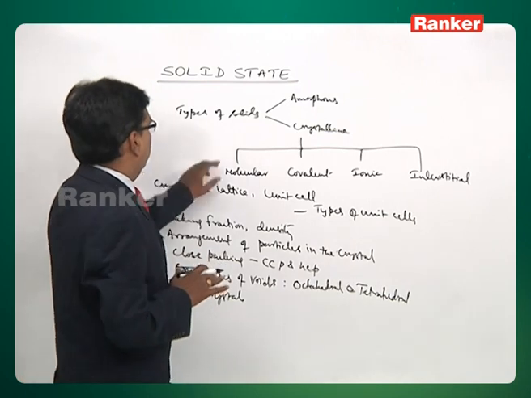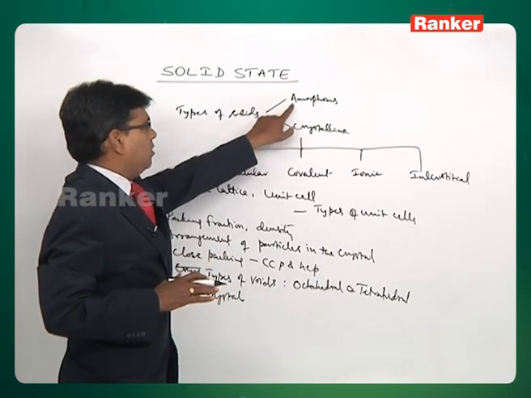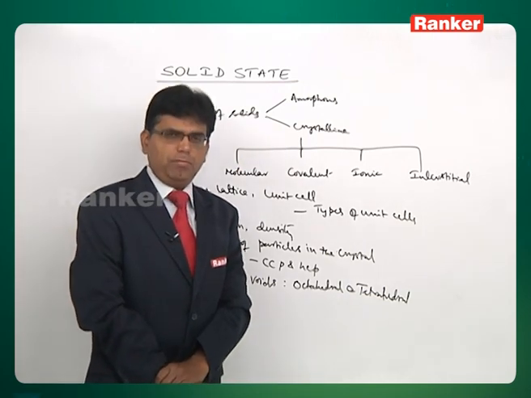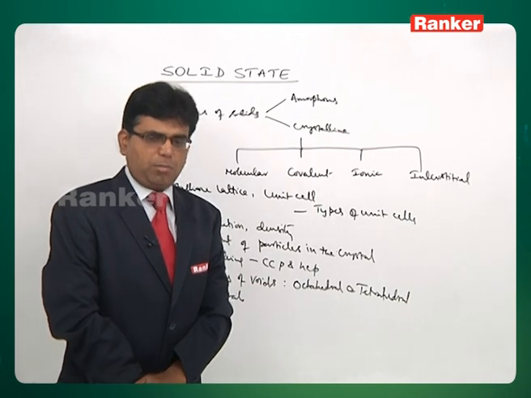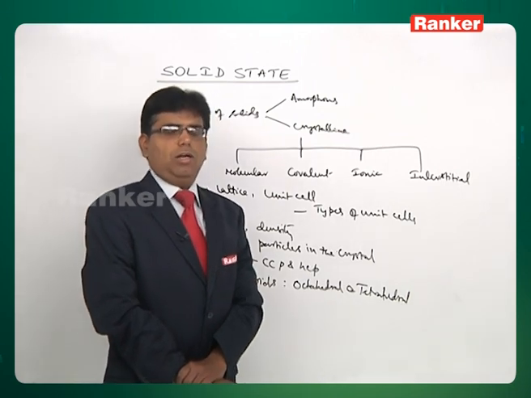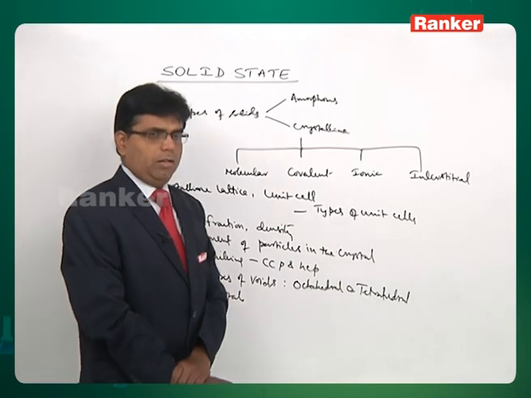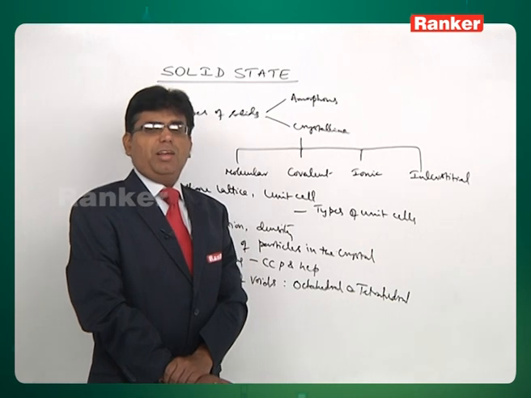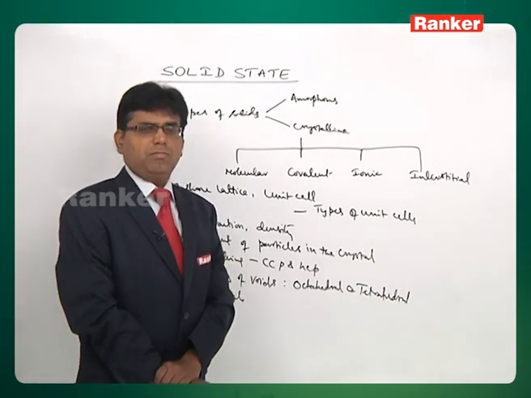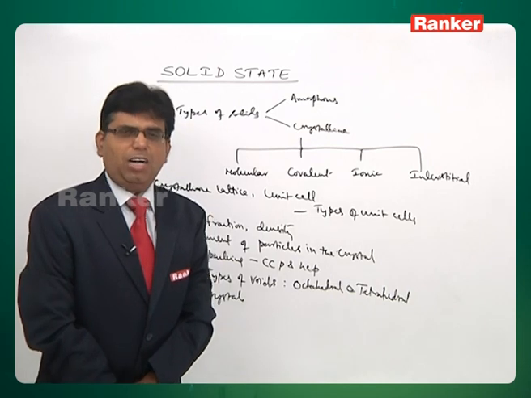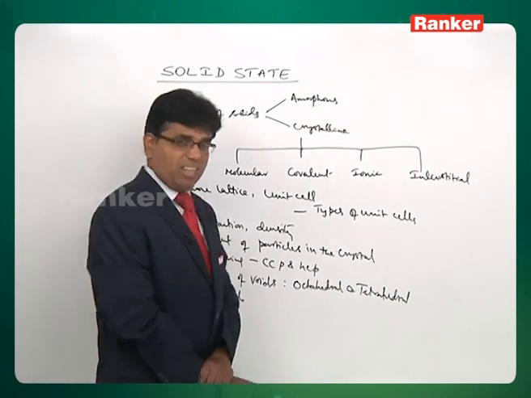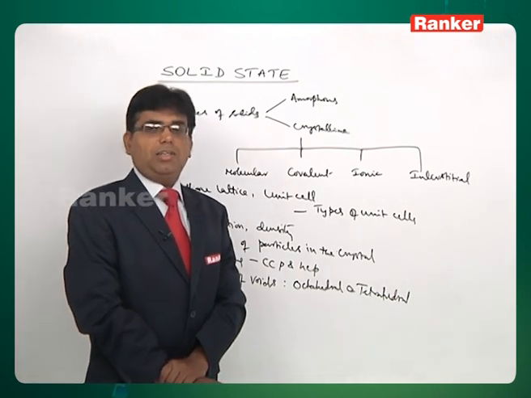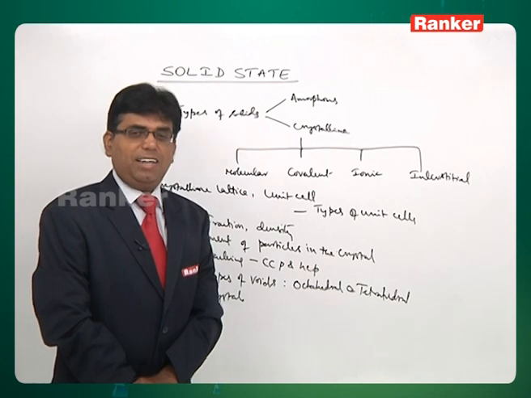So, to start with, when it comes to the types of solids, it is amorphous solid and crystalline solid, which is a basic classification of solids. What are the characteristic similarities or differences among these amorphous and crystalline solids? In amorphous solids, the regular arrangement of atoms or molecules is not observed, whereas crystalline solids possess definite regular geometry and shape.